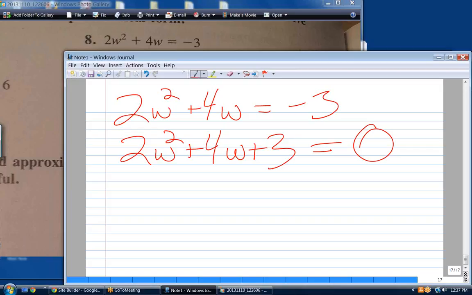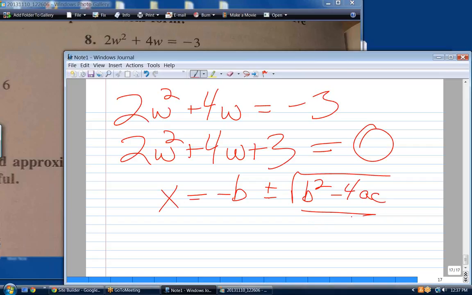So let's solve it using the other method other than your calculator. Don't use your calculator on this. What's the quadratic formula? Negative b plus or minus the square root of, is it b squared? Remember that, because that's called the discriminant.